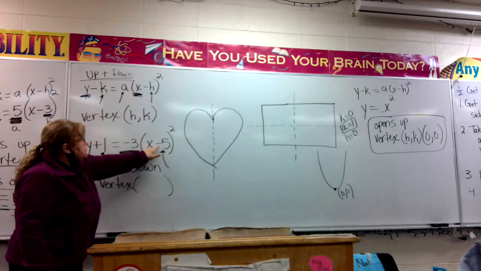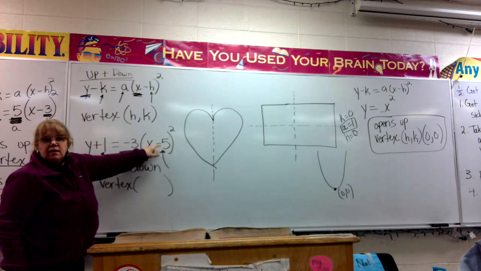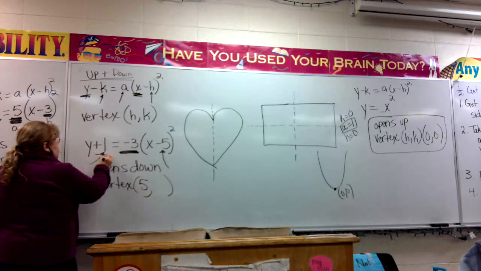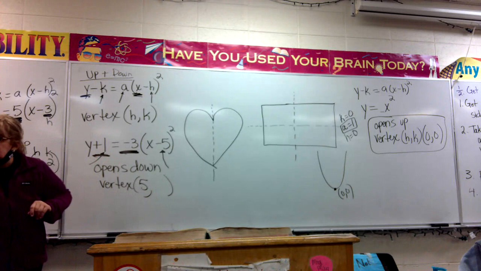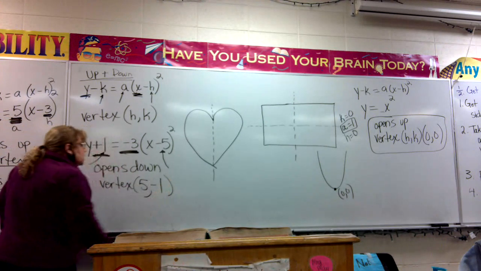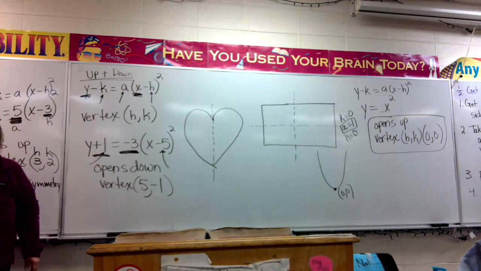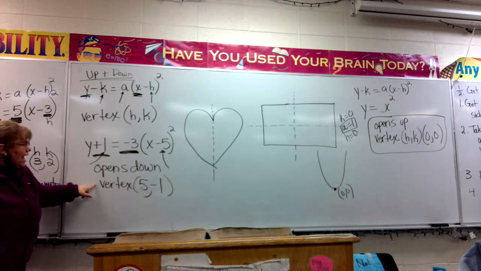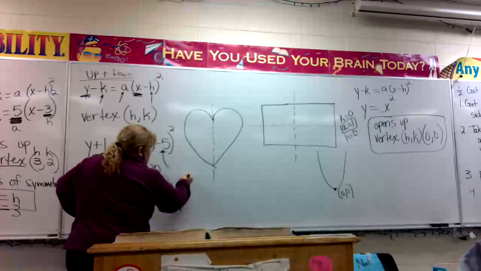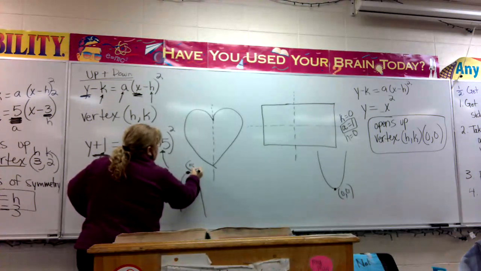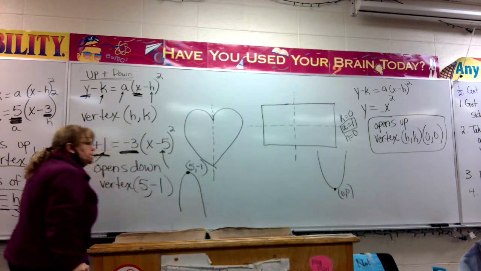So what would my vertex be? 5. And, oh, it's the opposite of that, -1. So what you would have to do then is look through the graphs and find one that opens down and has its vertex there. Remember, the vertex would be the highest point. The vertex for that one is at (5, -1).